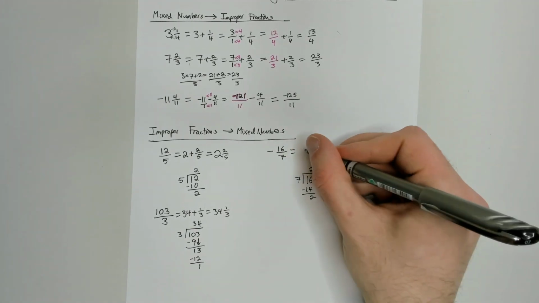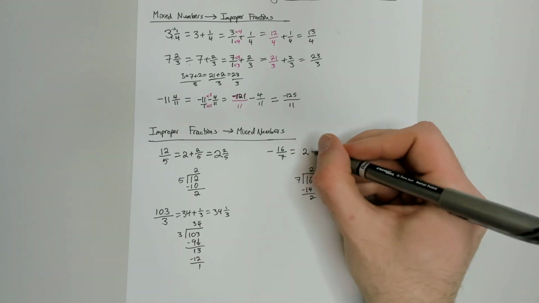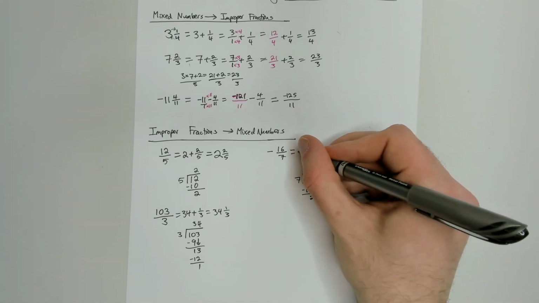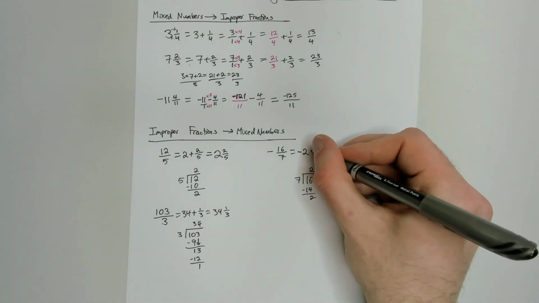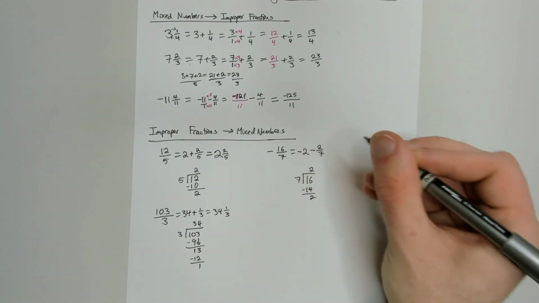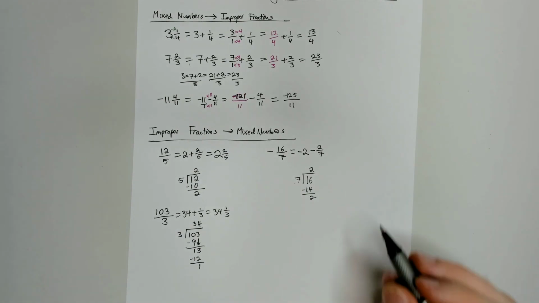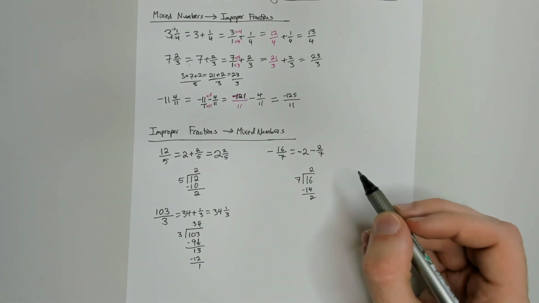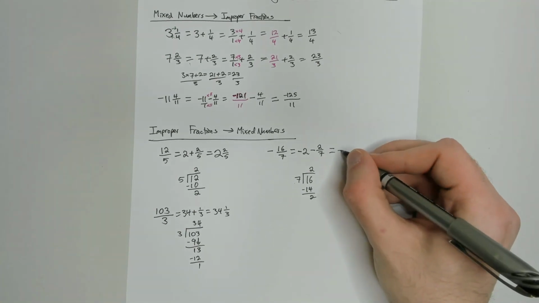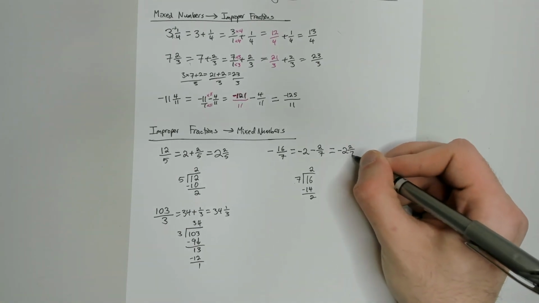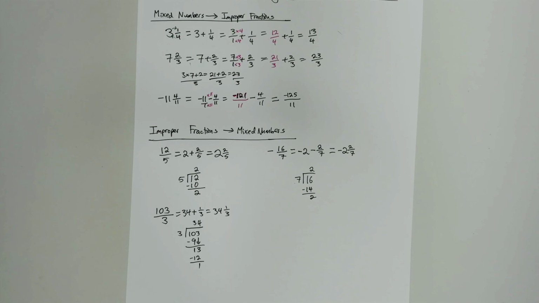So this is going to become 2 with the remainder 2. But again, we have to remember that this is all negative. So 2, and then our remaining 2 is also going to be negative. So this is minus 2 over 7. Again, we're dividing this remainder by 7, but since we're not doing the decimal, we just leave it as this 2 divided by 7. And then this becomes negative 2 and 2 sevenths, which is the answer.